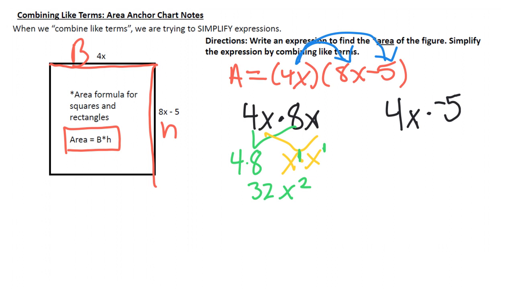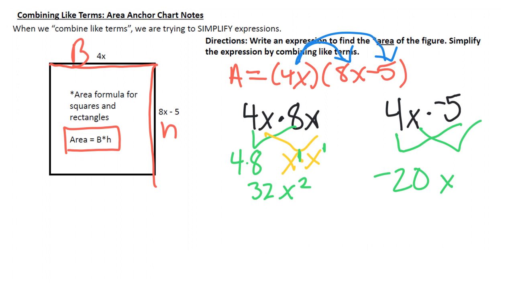So I've multiplied 4x times 8x. Now I have to multiply that 4x times that negative 5. And that part, I'm going to multiply the number part, of course. So 4 times negative 5 is negative 20. X isn't being multiplied really by anything over here, so we can just bring that x down.